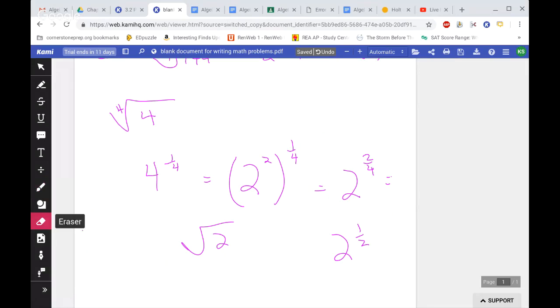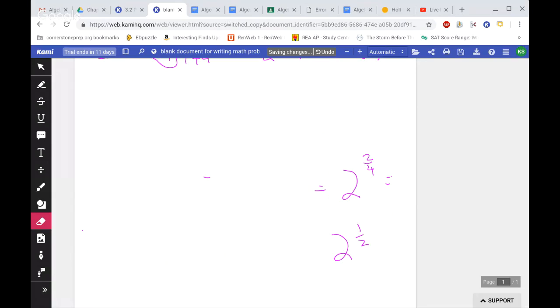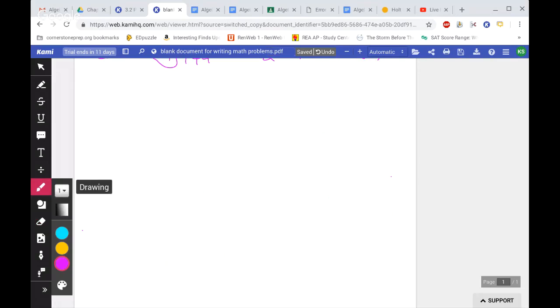Okay. Now let's look at another one. Little different. But just recognizing that it's going to be an even root, more than likely. So the other place that it happened was here. It was the sixth root of 4. And there's a square underneath there, but you're going to halve that.